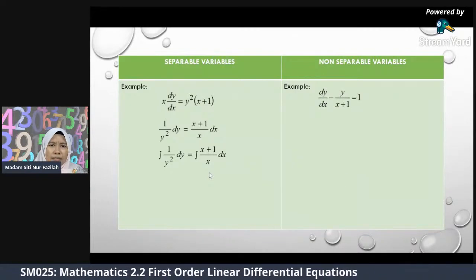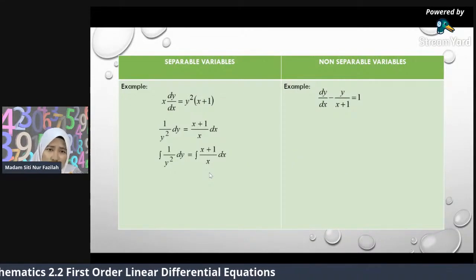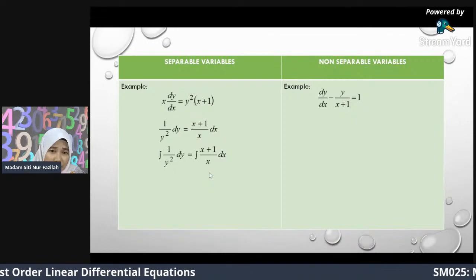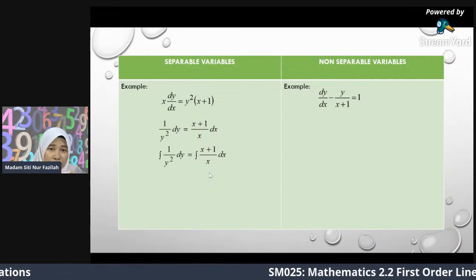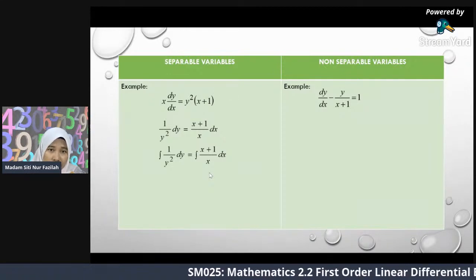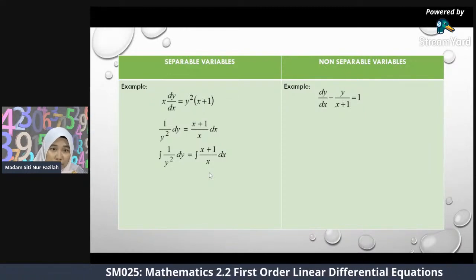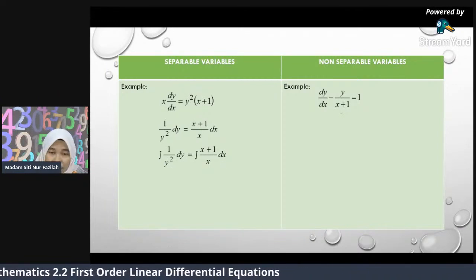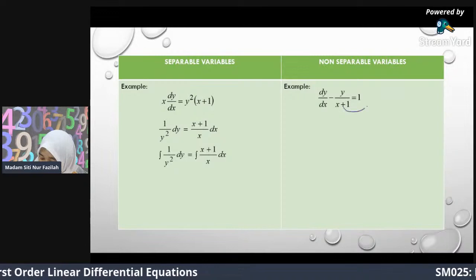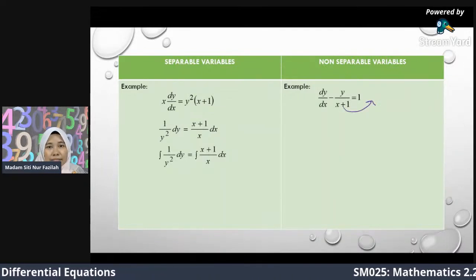Let's say we have another equation: dy over dx minus y over x plus 1 equal to 1. We try to separate, which means we bring the second term to the right hand side.